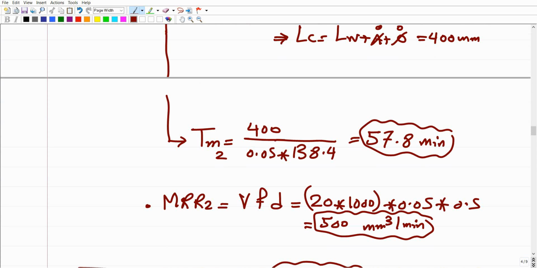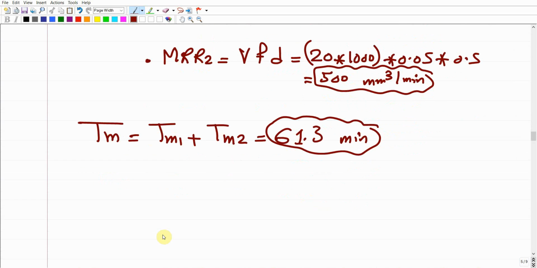We need to know the meter removal rate for every individual pass. So pass 1 will have a high rate, and in the second pass the rate will be decreasing, right? But the machining time can be added. Make sense? So don't add the meter removal rate together. When you are asked to calculate the meter removal rate for such a problem, your objective is just to find the meter removal rate for pass 1, for pass 2, and that's it.